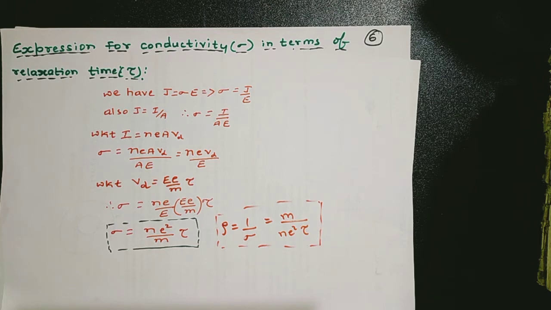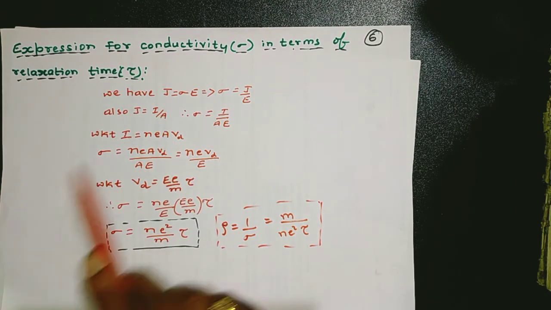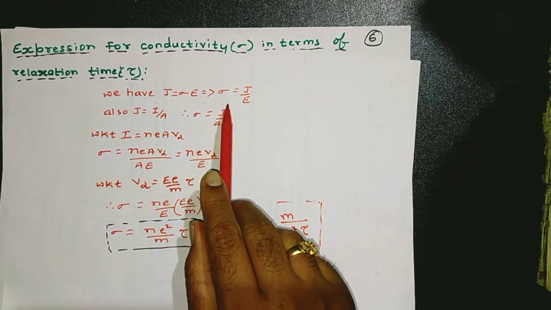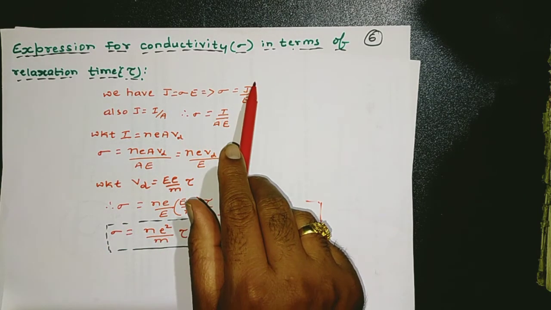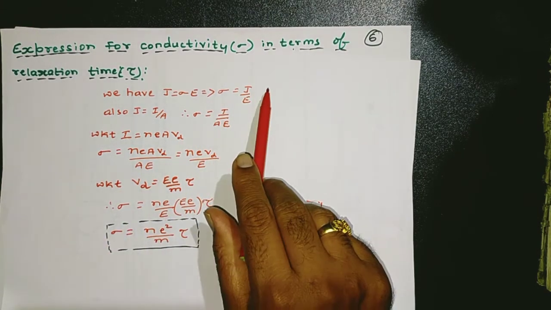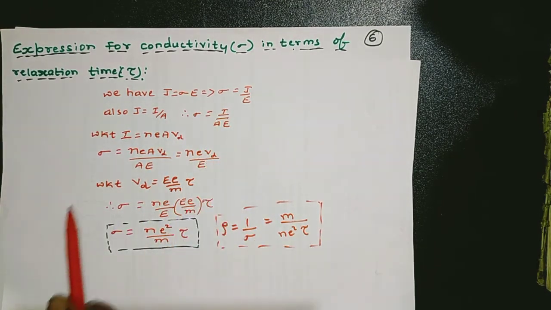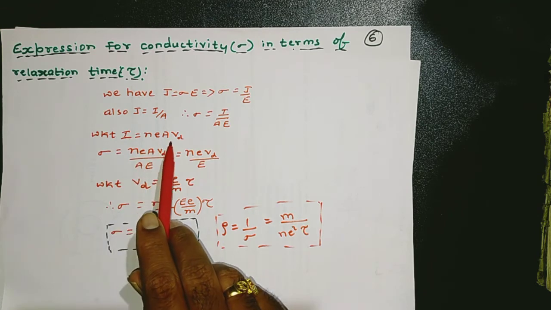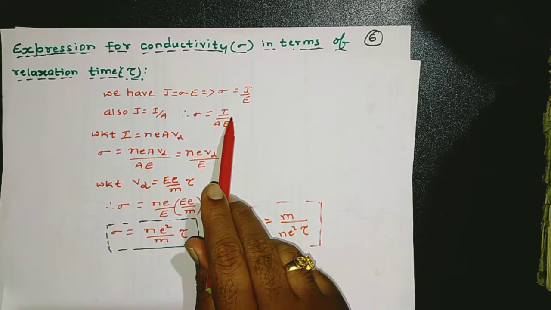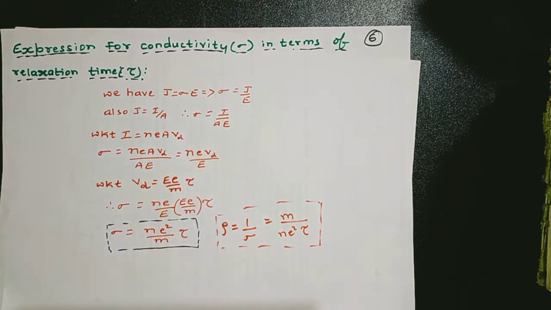Students, in fact, this is a question for 5 marks. A very simple one. We started with current density, J is sigma into E, or sigma is J by E, but we know that J is I by A. So sigma equals I by A into E. We know that I is N e A Vd. Substituting for I, N e A Vd by A into E. A gets cancelled.